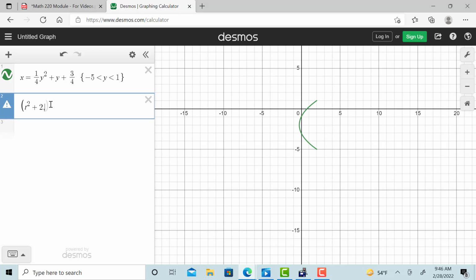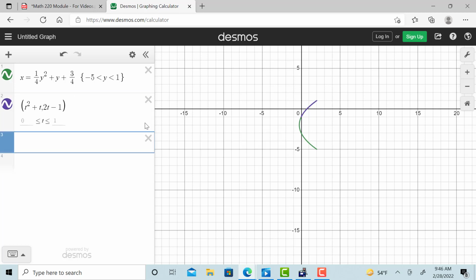Y was equal to 2t minus 1. And then we need to specify our values of t. Oh, I can see here I had a typo. That should be t squared plus t.